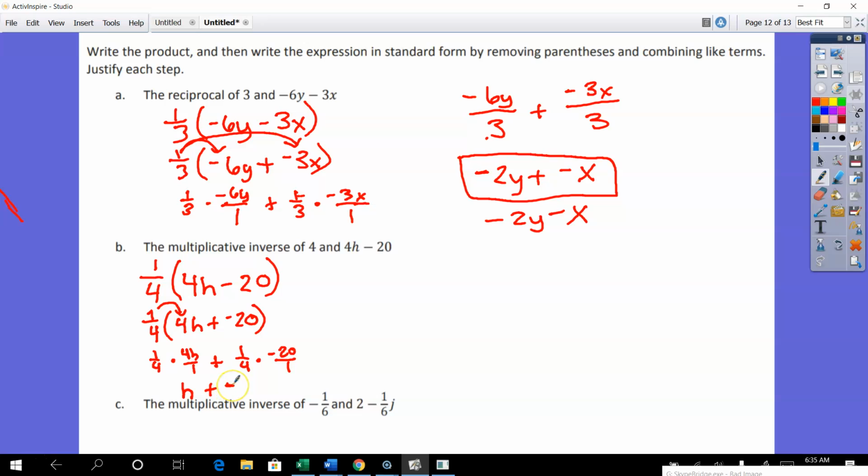There's one negative sign, so it is a negative 20/4. So we have h plus negative 20/4, which is a negative 5. We have two signs, so this is just h minus 5.